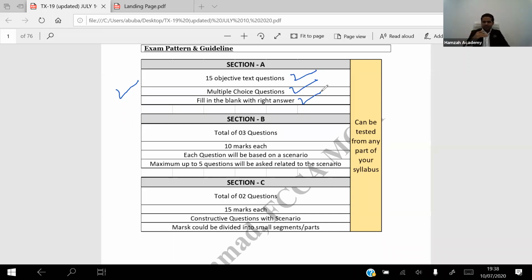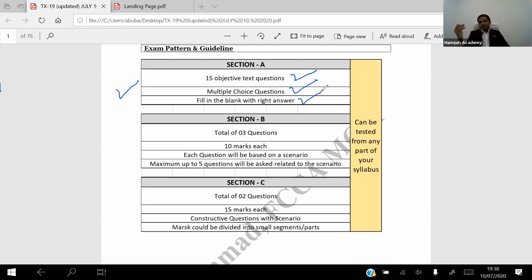It means in any section, either section A, B, or C, you should be expecting any part of your syllabus. It is not necessary that you should expect the first 30% of your syllabus in section A. No, it can be from income tax or any other portion.